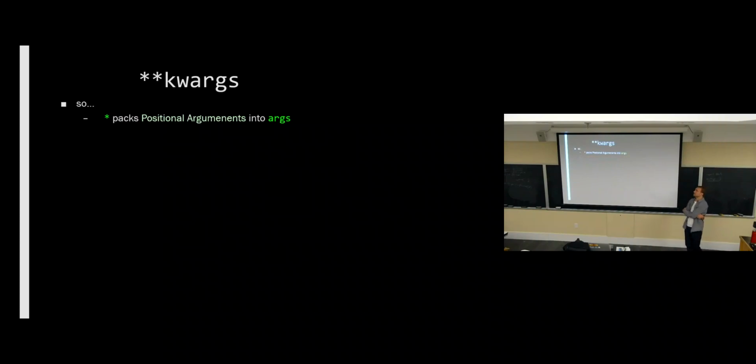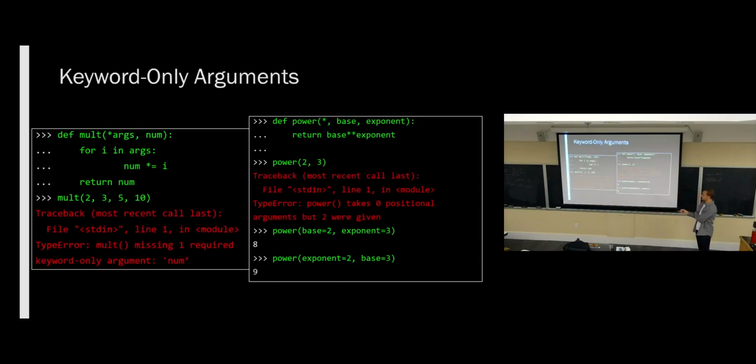So if we could pack positional arguments into one parameter called args, what about keyword arguments? What about when before, we were passing things in by keyword here, not by position? So when we do this, what if we want to accept any number of keyword arguments?